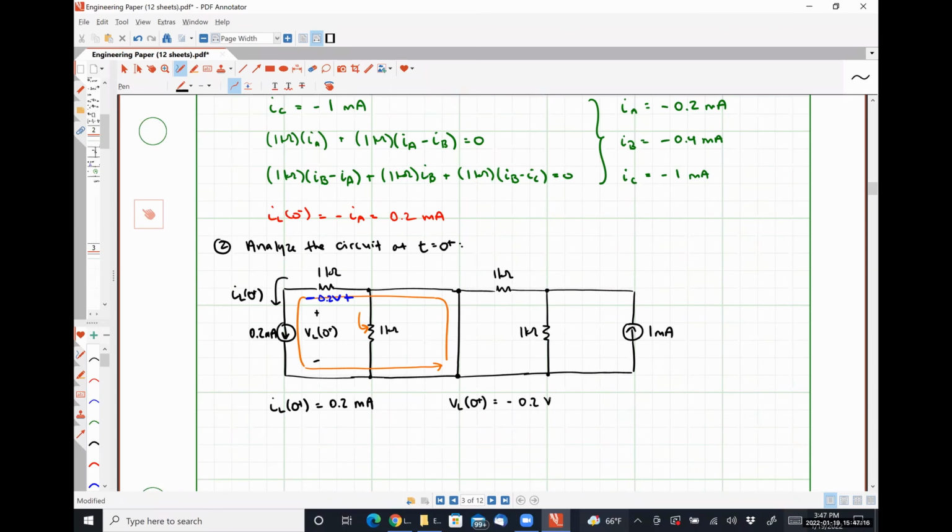Okay. As Carter observed earlier, with that short circuit in the middle there, the 1 milliamp source on the right-hand side no longer influences the behavior of the inductor or this resistor or this resistor.